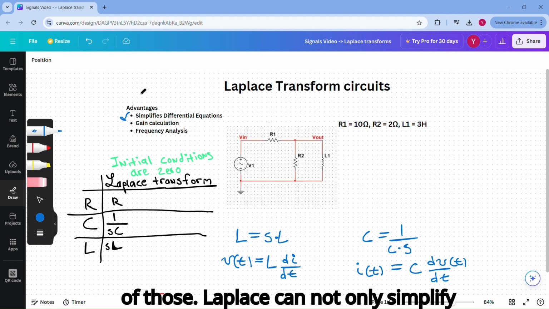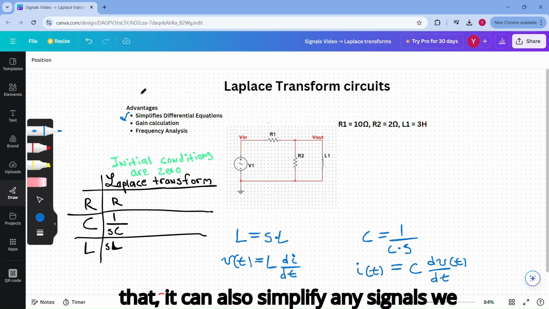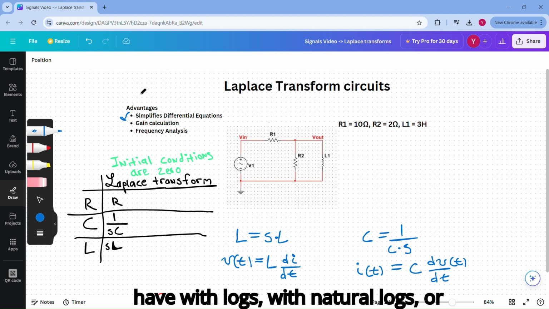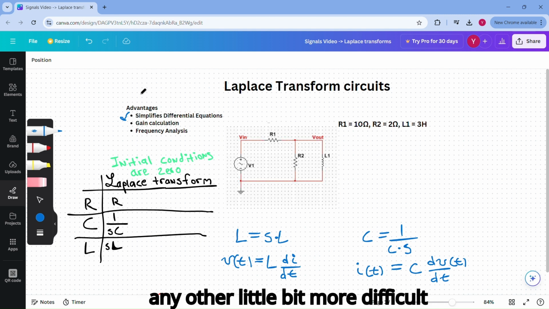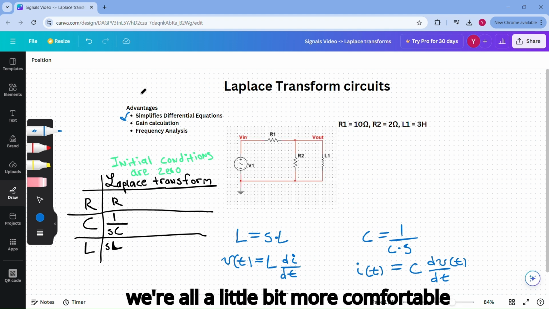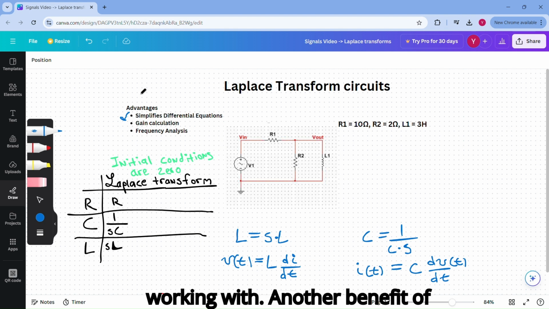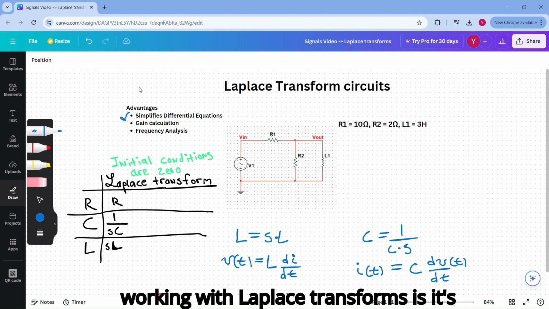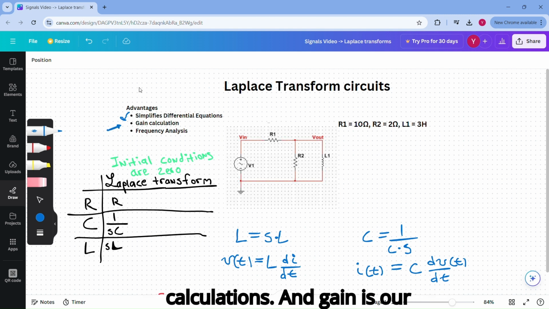Laplace can not only simplify that, it can also simplify any signals we have with logs, with natural logs, or any other more difficult functions. And it'll simplify it into operations such as multiplication, addition, and subtraction, which we're all a little bit more comfortable working with.